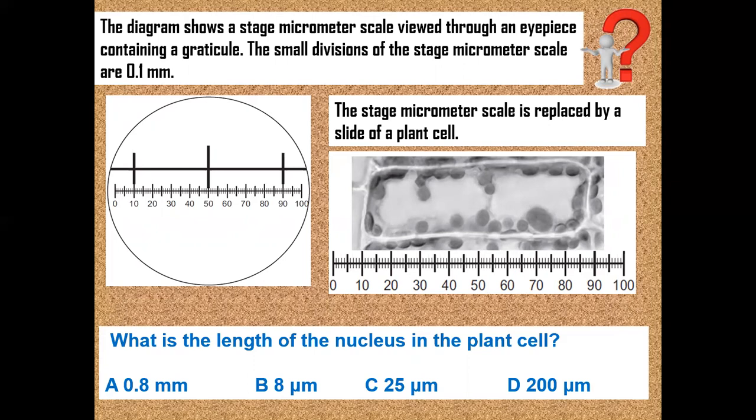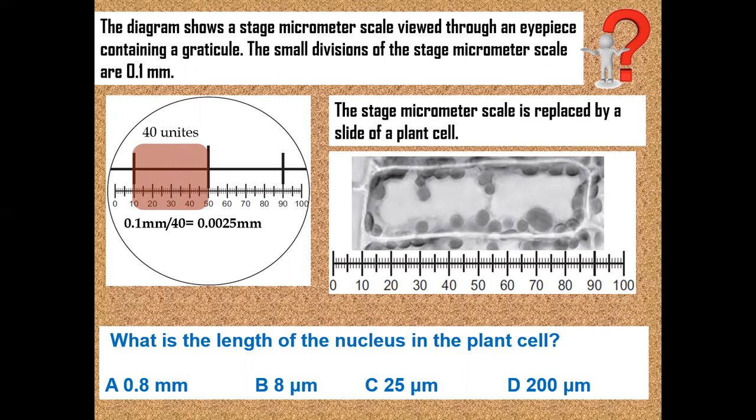So one stage micrometer unit contains 40 eyepiece reticule units. We use these 40 units: 0.1 millimeter divided by 40 is equal to 0.0025 millimeter.